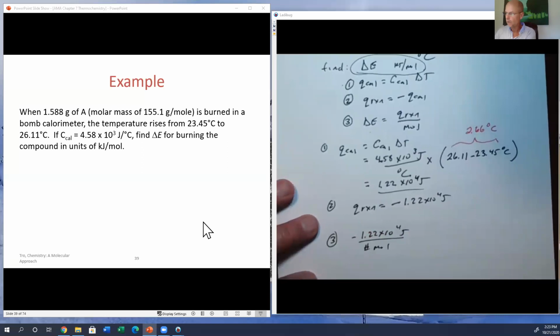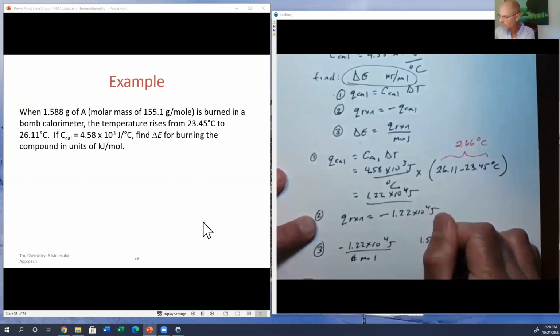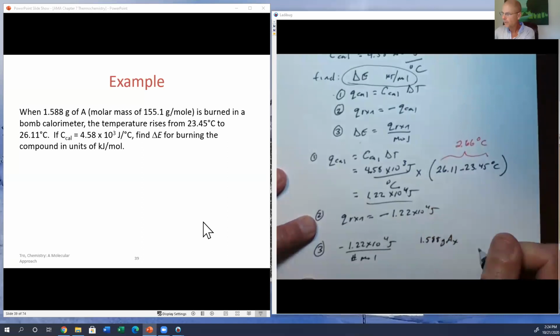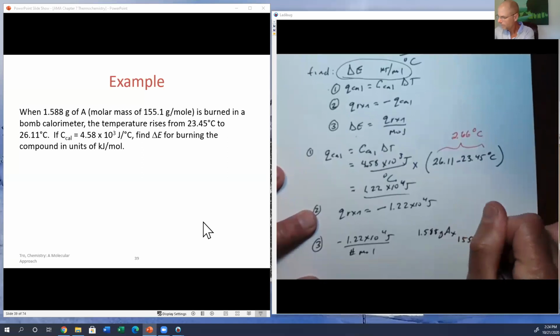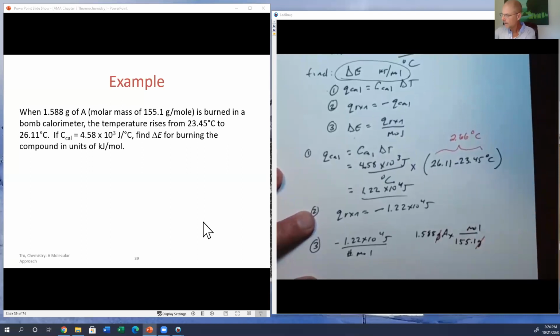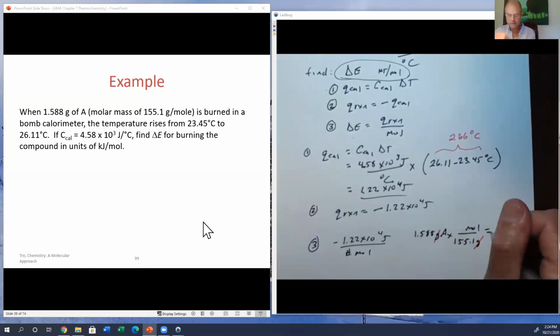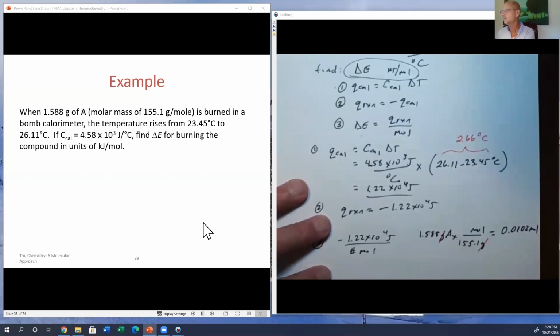How do we figure out the number of moles? Well, we know the grams, and we know the molar mass. So this is going to cancel, and we're going to get moles, and that turns out to be 0.0102 moles.